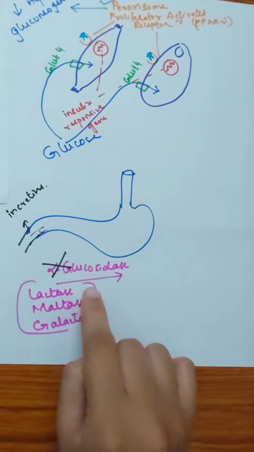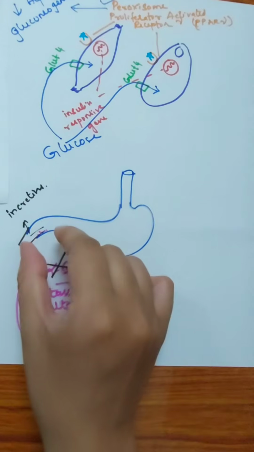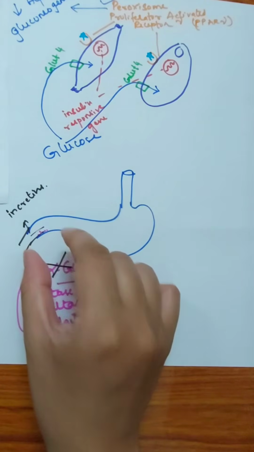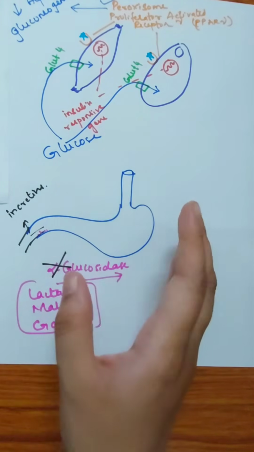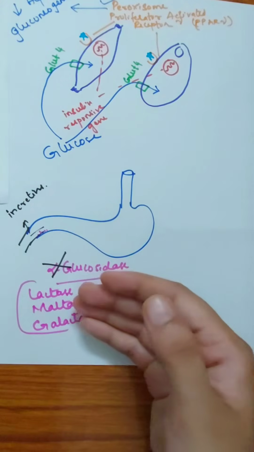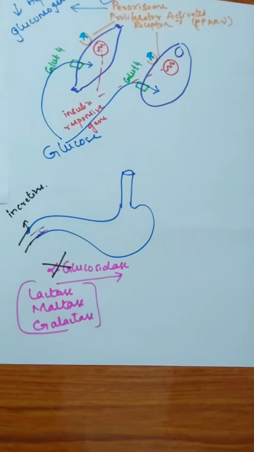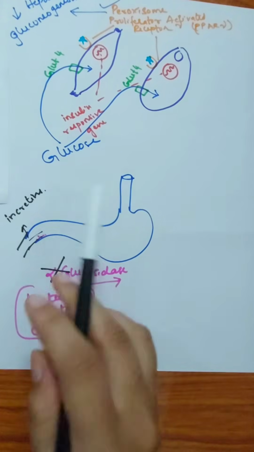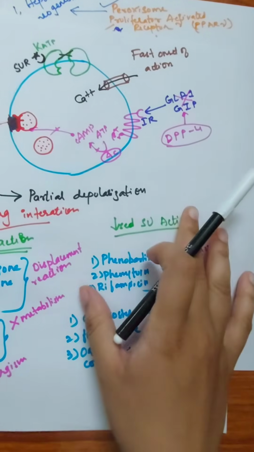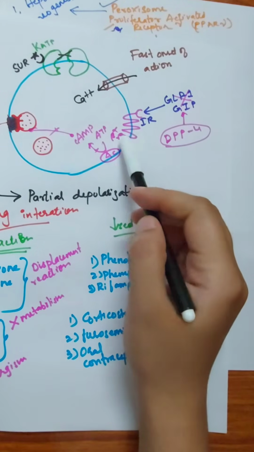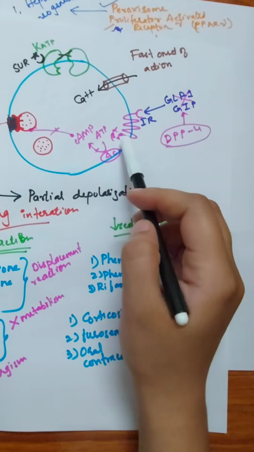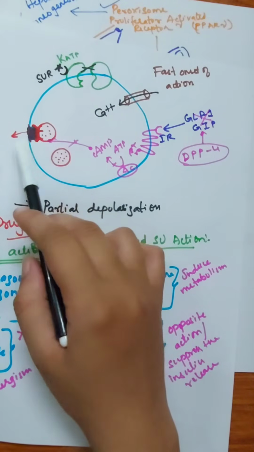Whenever we are inhibiting this enzyme, carbohydrates will be present intact, unmetabolized, like lactose, maltose, galactose, all will be present in our gut, and in response to this, ingredients will be released. And you know what these released ingredients will do? Yes, these released ingredients such as GLP-1 will interact with their receptor, that is the incretin receptor, and cause insulin release.